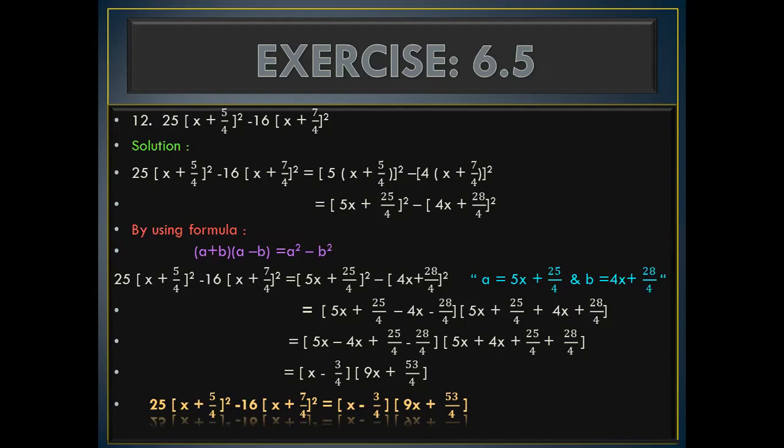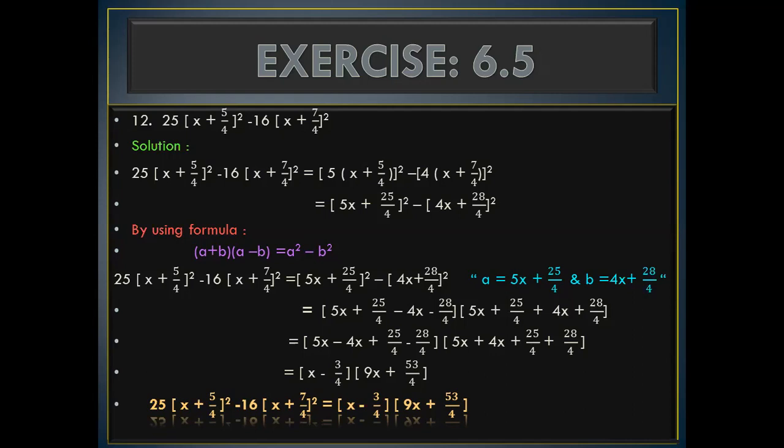Now you see that in each bracket there are 2 terms of x and 2 constant terms. Same in the second bracket, we have 2 x terms and 2 constant terms. So we equate the like terms. Like terms mean we write x with x and constant with constant term because it will be easy for us to calculate the numbers. 5x minus 4x plus 25 over 4 minus 28 over 4. 5 and minus 4 will be x.